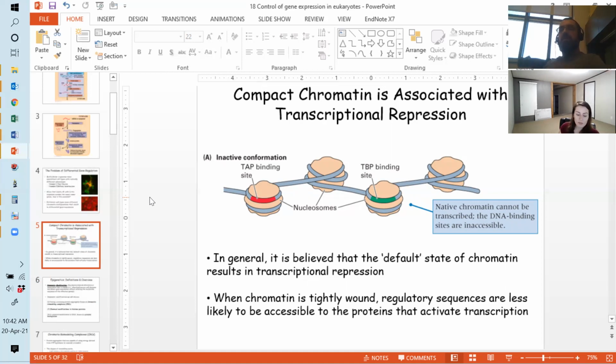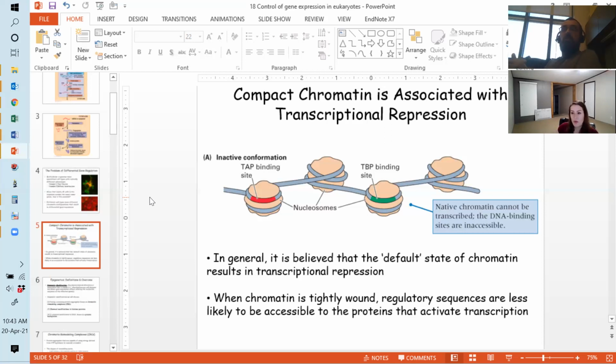Right? And so typically we think in eukaryotes of the default state of chromatin as being off, right? So genes are typically off unless, and this actually applies at many levels to control of eukaryotic gene expression.